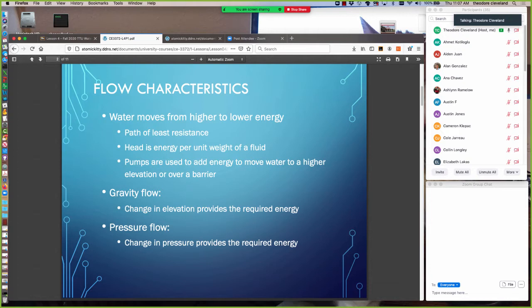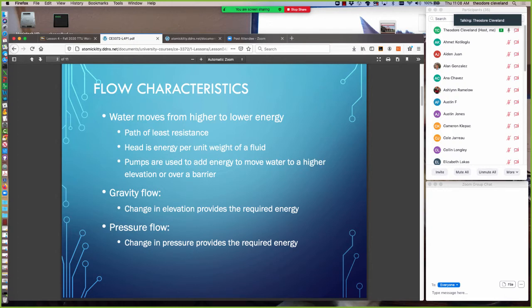So in gravity flow, change in elevation provides the required energy. The Los Angeles aqueduct, using that as an example, is technically a gravity flow system because Lake Owens, the Owens Valley, is several hundred feet greater in elevation than downtown Los Angeles at the Department of Water and Power, where the water comes into the basin.